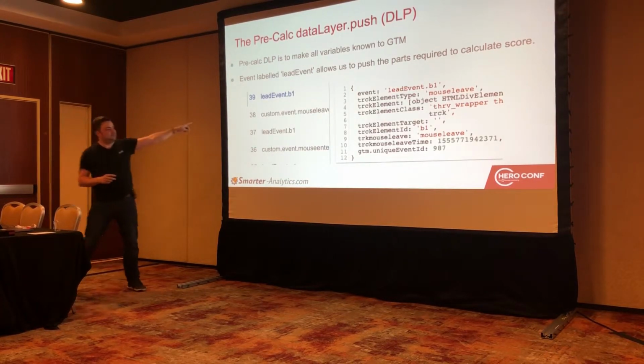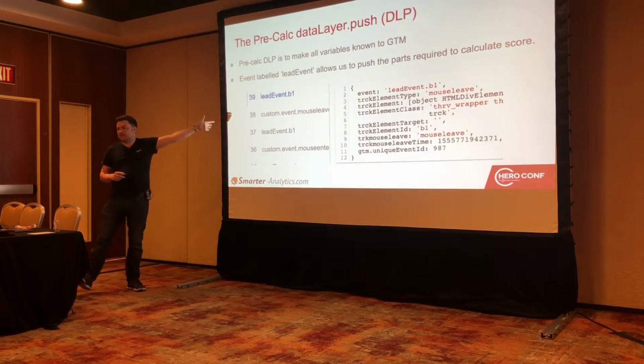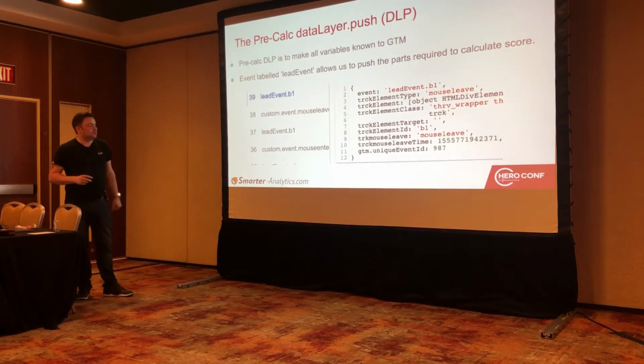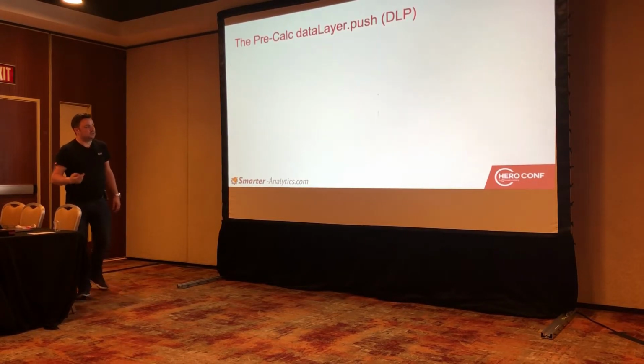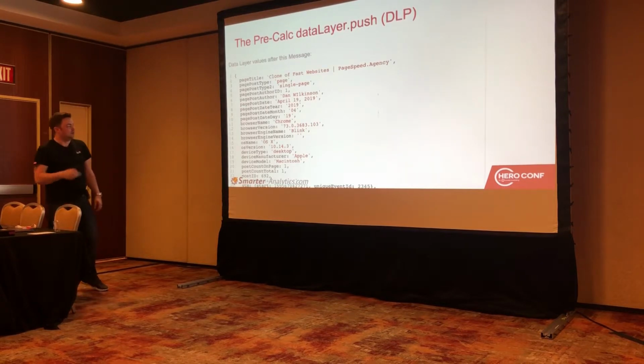So we've got lead event B1, so the event itself is labeling the element which it's talking about, and then over here, track element class is telling us that the TRCK is there. The element is B1, and we know that the event is mouse leave and the Unix time in which that happened. So we can start using this information in our data layer.